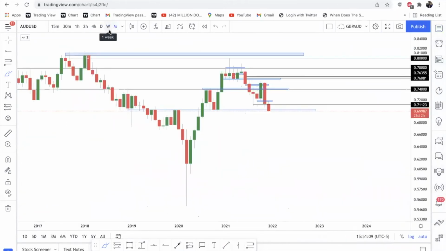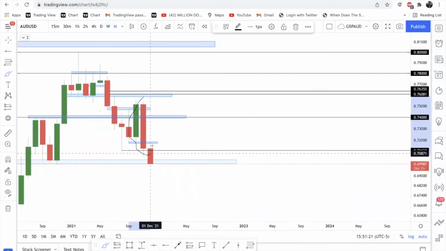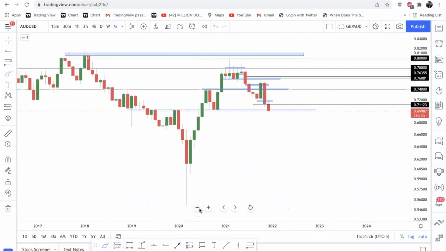All USD. Similar to most of the majors against the dollar, we're seeing that dollar strength. We see this last monthly candle close bearish engulfing, showing that the sellers are still in control overall. Now we're around this major level of demand, and price is slightly breaking that.